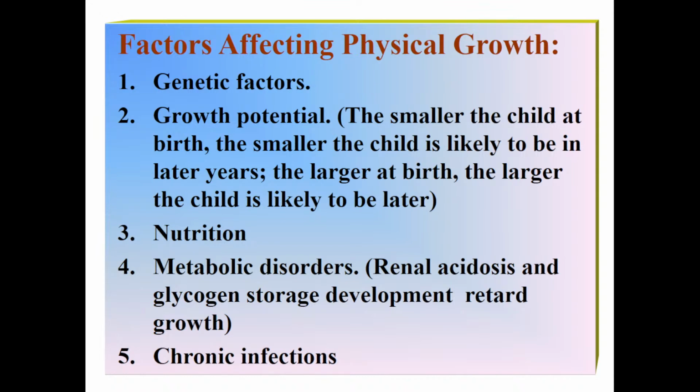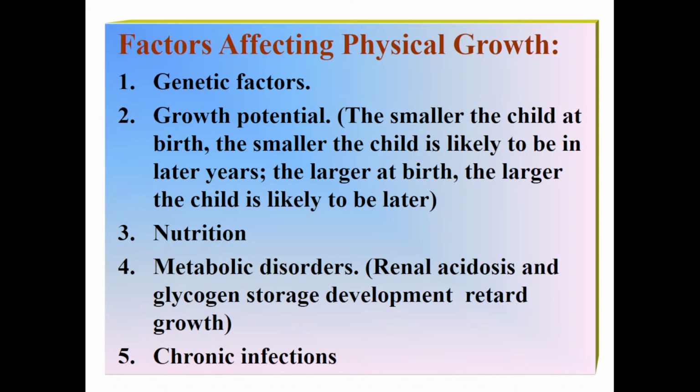Growth potential we can estimate from birth when we check parameters of the child's body at birth. The third factor is nutrition. Nutrition is a very important factor for good physical growth.